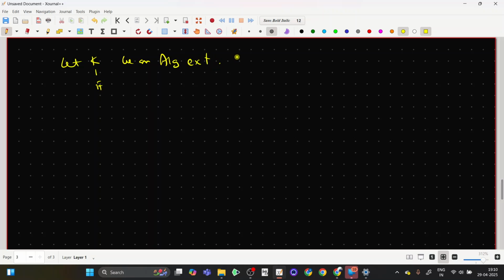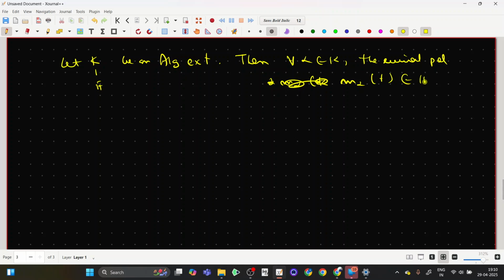Then if for all alpha in K, the minimal polynomial m_alpha(t) in F[t] splits completely over K, this implies that K over F is a normal extension, right?